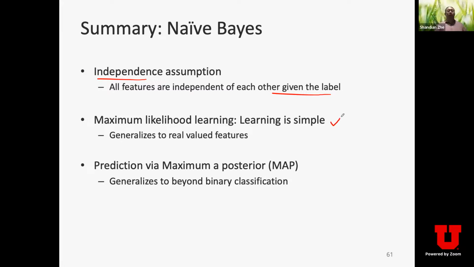It's pretty simple: if you just take the gradient and set it to 0, you see that it's simply counting. You just count the ratio of examples under different labels. And when you do the prediction, the principle is maximum a posteriori, because you want to maximize the posterior probability of the label y given the data x. That amounts to maximizing the product of the prior and the likelihood. Any questions so far?